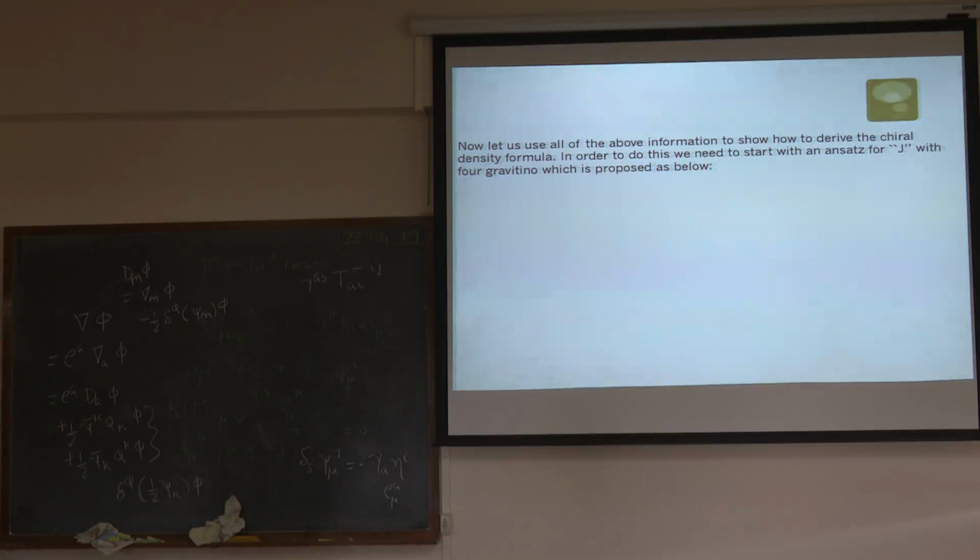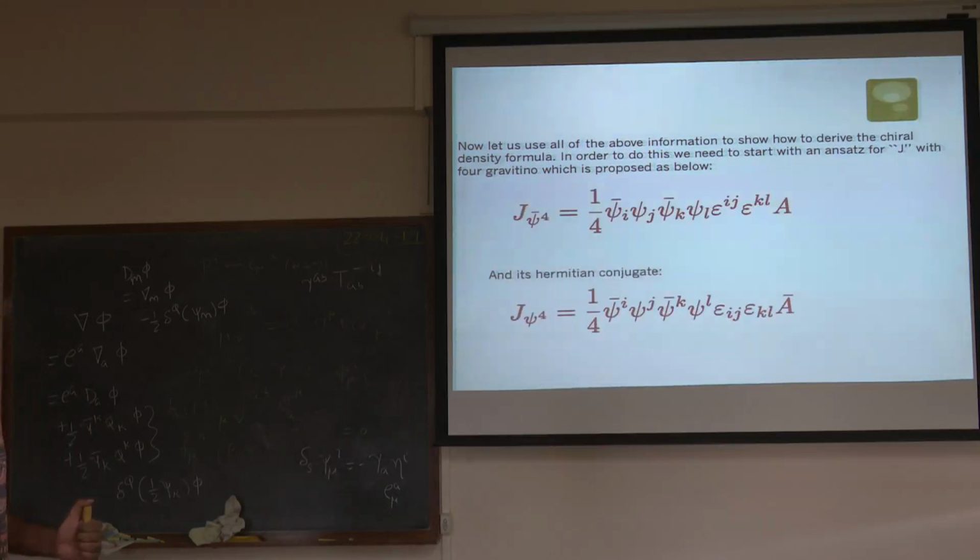As we saw, the maximum number of gravitinos that we can have is 4, E^A, E^B, E^C, E^D. When all 4 of them are gravitinos, you propose some term like that, and starting from there you can construct your entire invariant action. So, that proposal is like this.